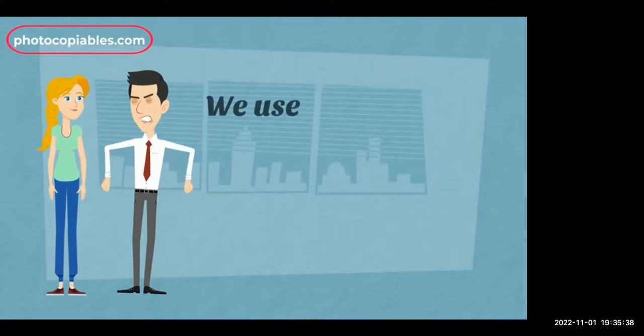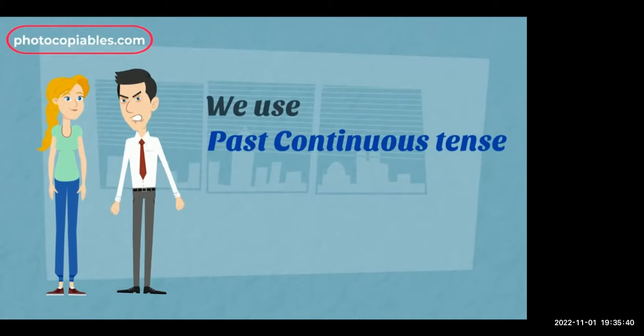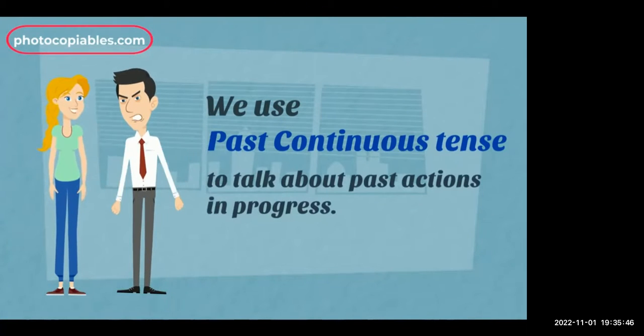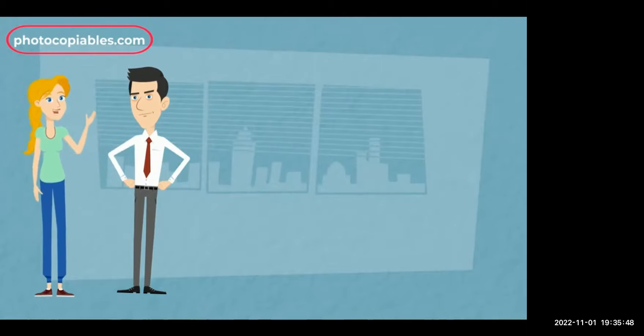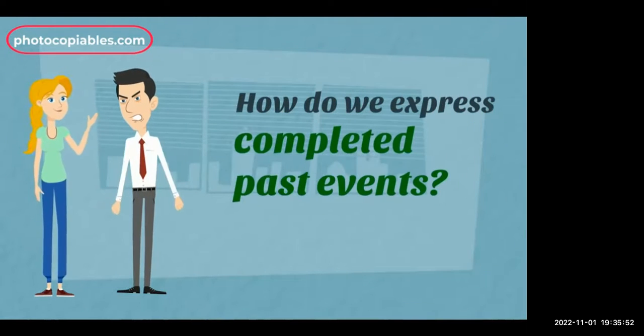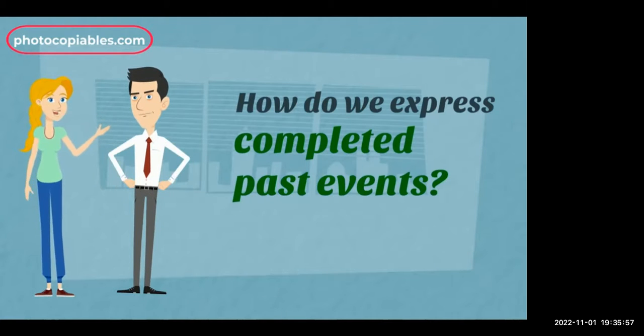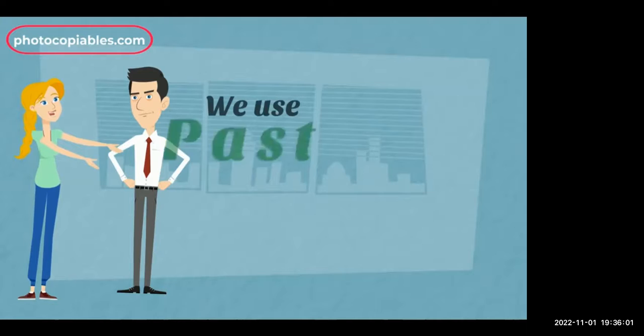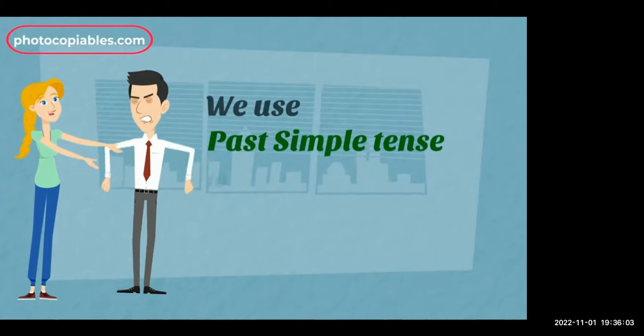We use past continuous tense to talk about past actions in progress. How do we express completed past events? We use past simple tense to talk about completed past events.